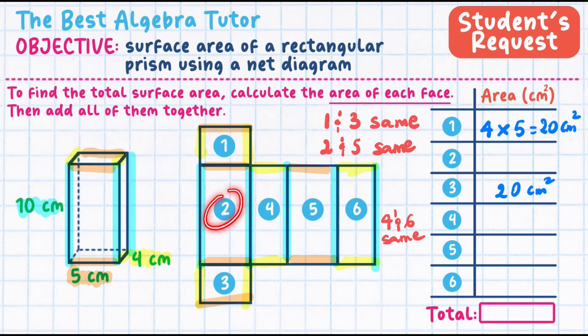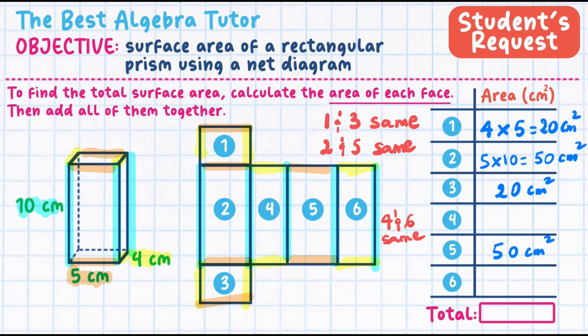Now my 2, we said my 2 and 5 are the same. So my 2 is 5, orange, times 10. So 5 times 10 is equal to 50. And 2 and 5 are the same, so this is also going to be 50 centimeters squared.